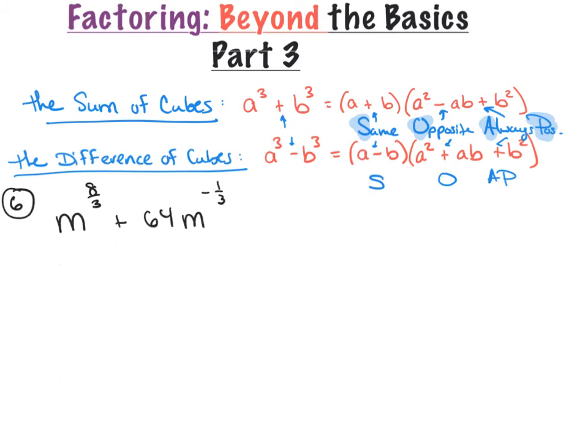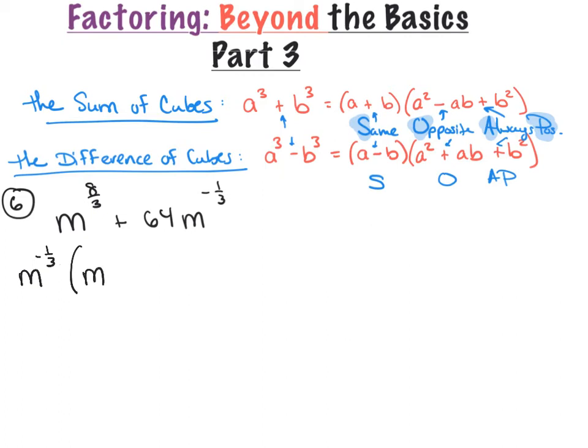All right, let's factor m to the 8/3 plus 64 m to the negative 1/3. So hopefully we've got the idea. We're going to factor out the GCF for the m's, which is the smaller exponent, so m to the negative 1/3.